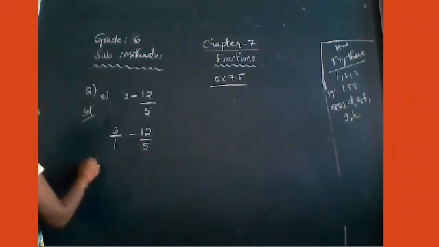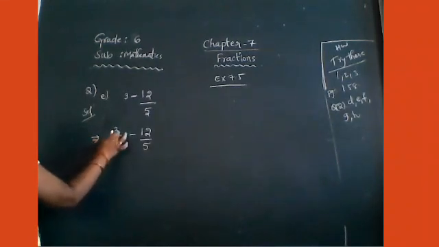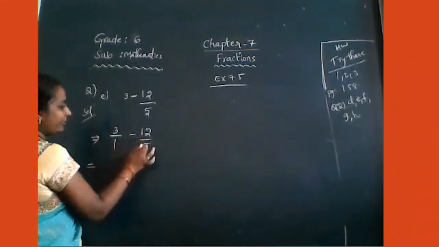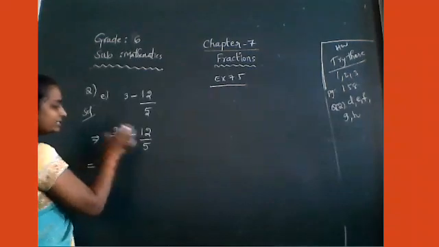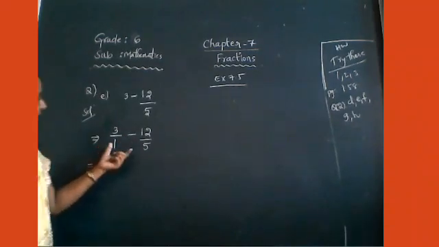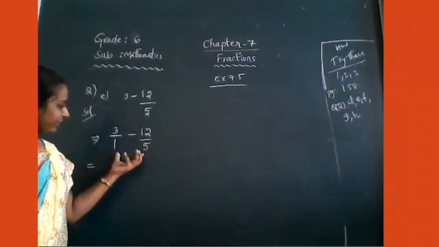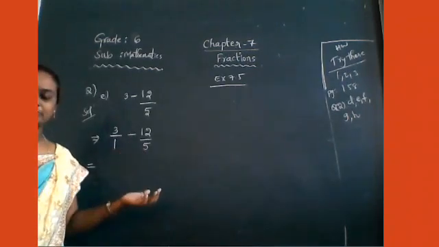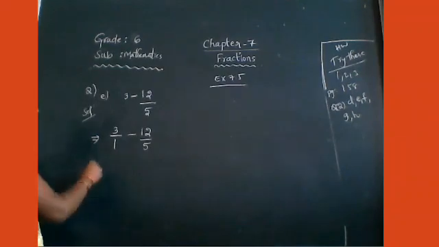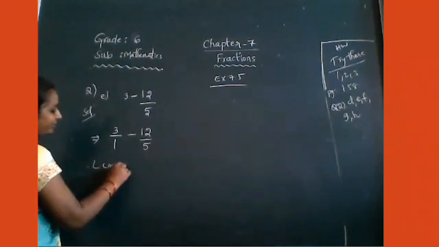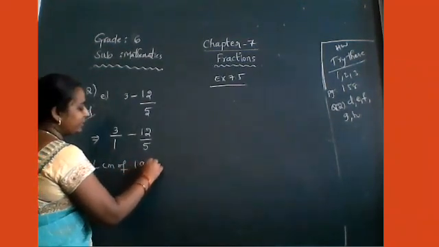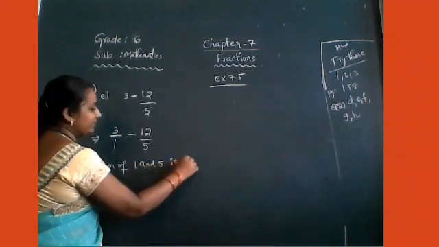Now after that, look here. 3 by 1 minus 12 by 5. Here we have to do subtraction. The denominators are different, so if the denominators are different, what do you have to do? You have to find the LCM. LCM of 1 and 5 is 5.